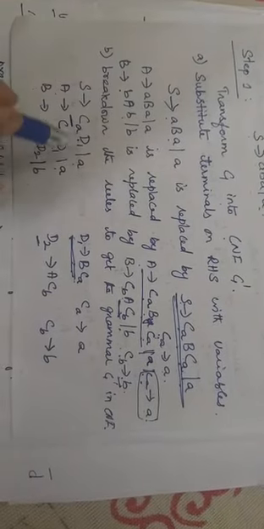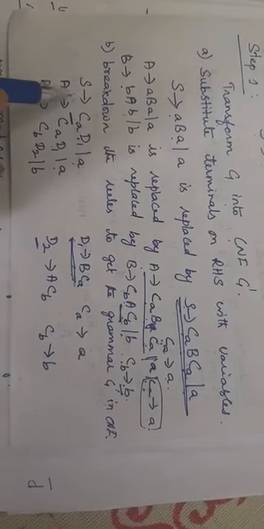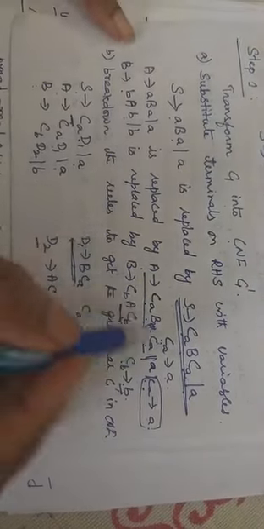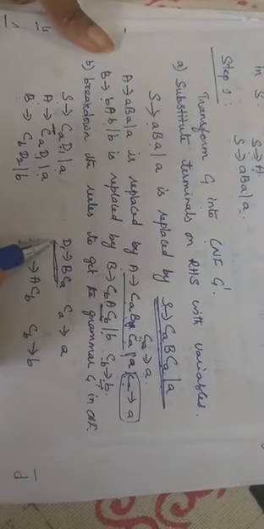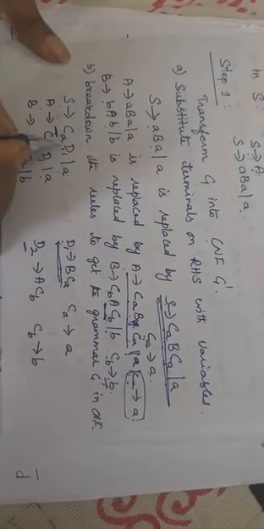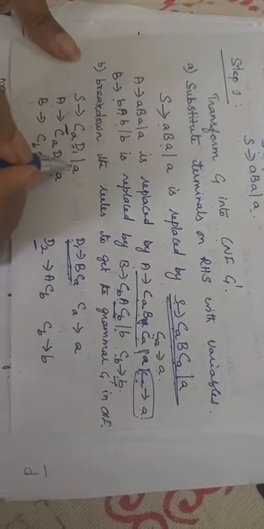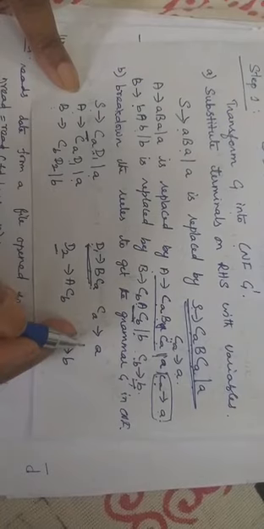So now we have to break down the rules. We have Ca and then BA. For this BA, I am substituting D1. So instead of BA, I am writing D1, and then Ca is a.